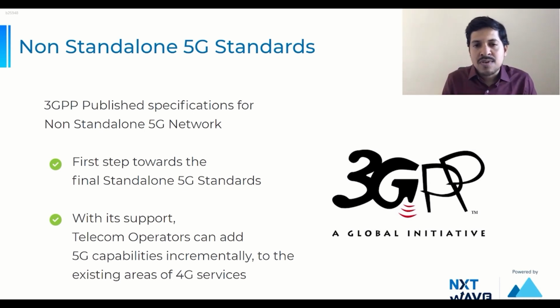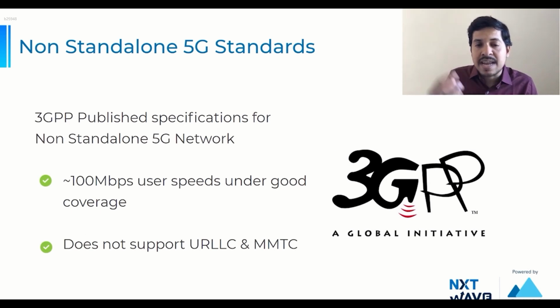And with non-standalone 5G, telecom operators could incrementally add the eMBB capability, the enhanced mobile broadband capability, to their existing areas of 4G service. And if you had a 5G enabled handset, and there are already a few 5G enabled handsets in the market today, and if your telecom operator has deployed non-standalone 5G, you can get the 100 Mbps or few hundred Mbps of user data speeds over your 5G enabled mobile device. Of course, assuming that you are in a good coverage area.